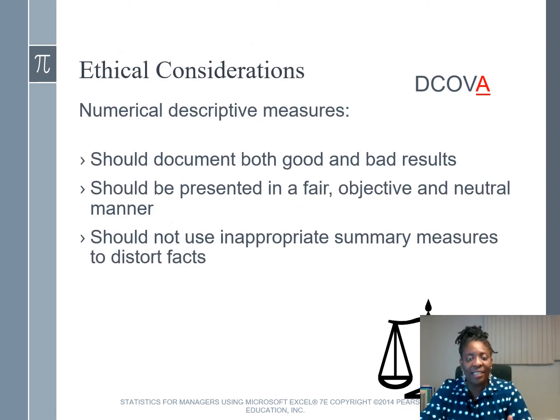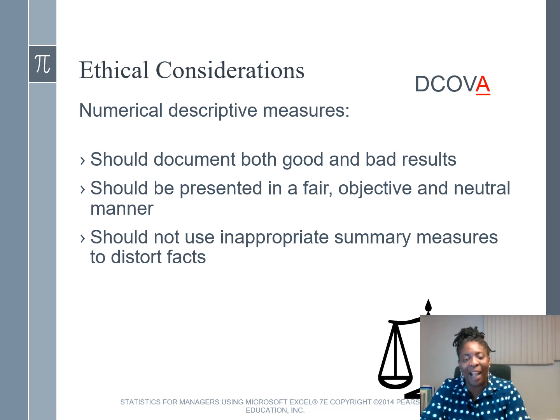When you do statistics, one, you should document both good and bad results. You're not looking for the right answer. You are presenting the data as it is. If you work for a company and they ask you about certain things, should we go for this investment? If you take all the data you have, do some analysis and tell them yes, and you've done that analysis incorrectly, things may not pan out.